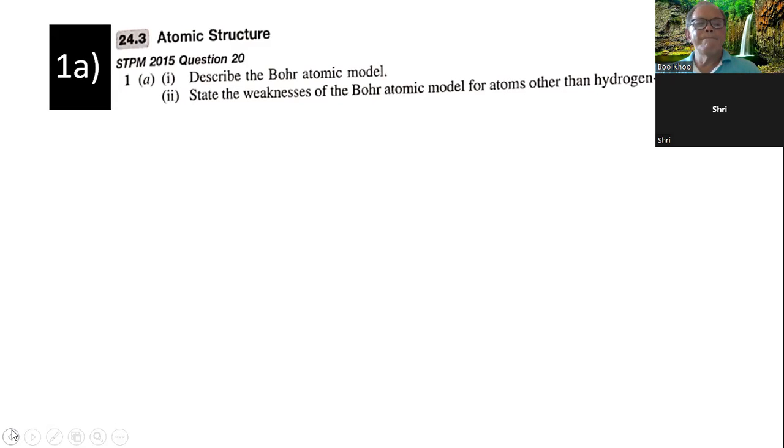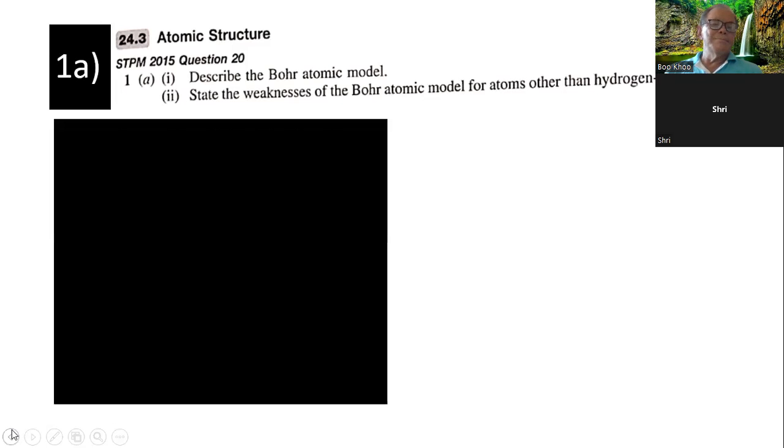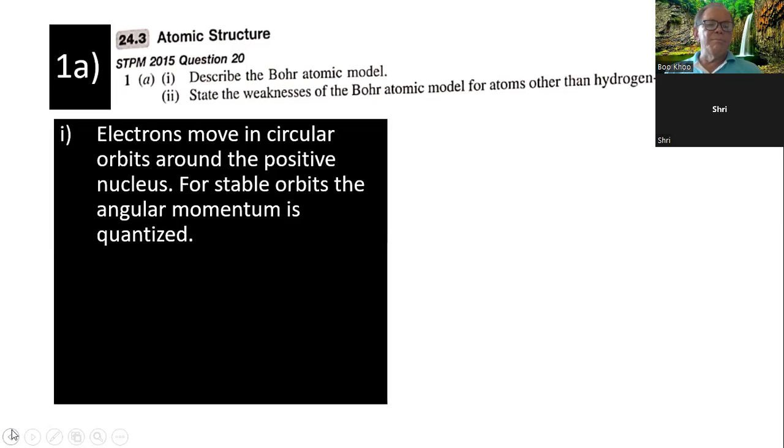Orbits are discrete energy levels. Electrons move in circular orbit around the positive nucleus. For stable orbit, the angular momentum is quantized. Right? You can write that equation down.